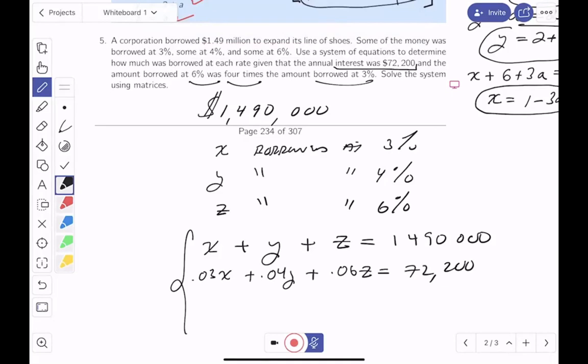So what does it say? The amount borrowed at 6%, which is z, is 4 times the amount borrowed at 3%.